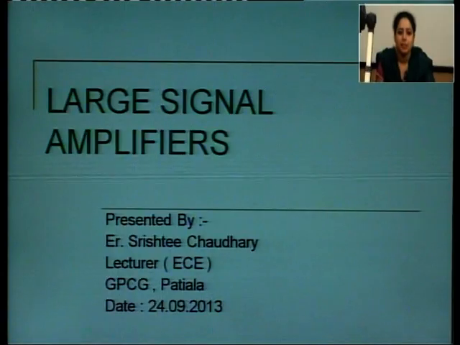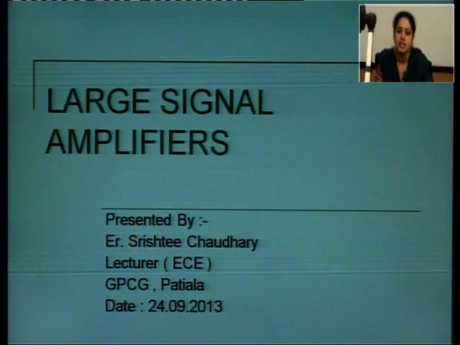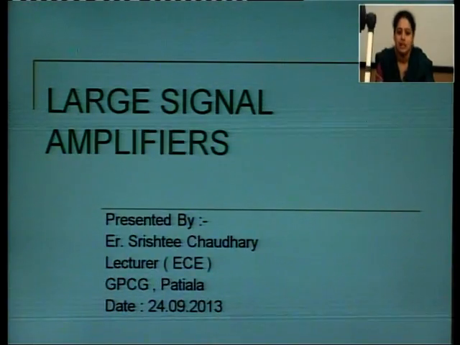In our last lecture we discussed multi-stage amplifiers. These were amplifiers that were cascaded, or kept in succession one after the other, so that we can increase the strength of the signal. We studied various couplings in that lecture, for example RC coupling, transformer coupling and direct coupling.